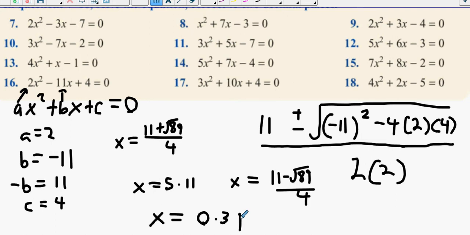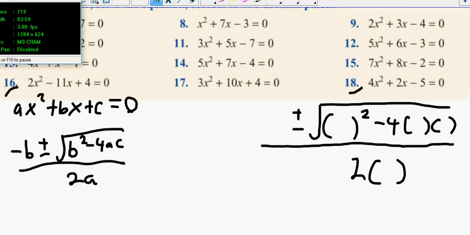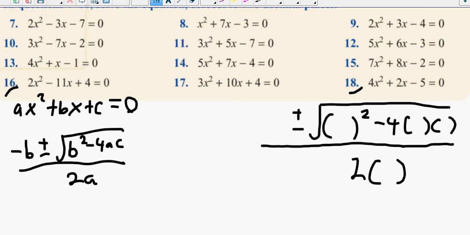Okay, I did one, so I think I'll get you guys to try one. Question 18. Here we go. You have the minus b formula. With question 18, you realise that a equals 4, b equals 2. This means that minus b must equal minus 2, because you multiply both sides by minus.